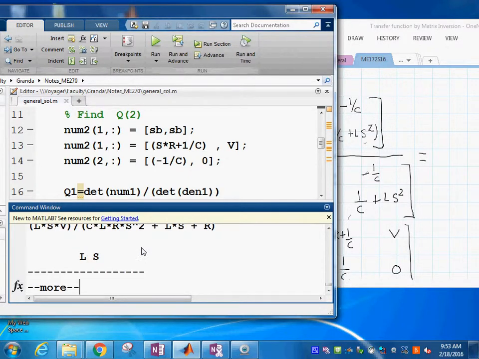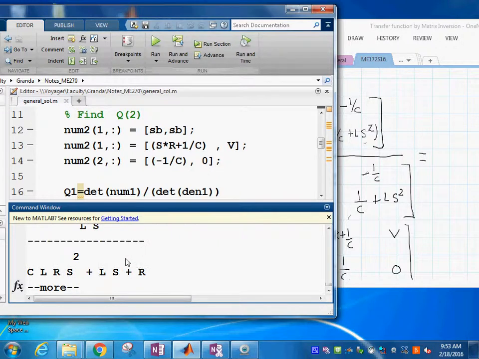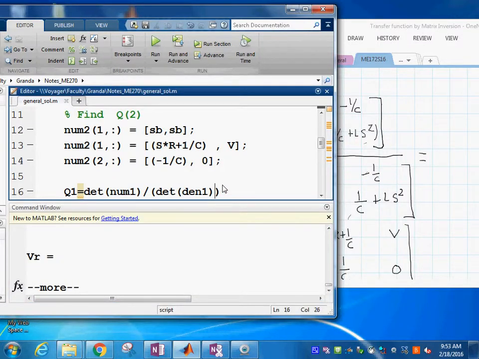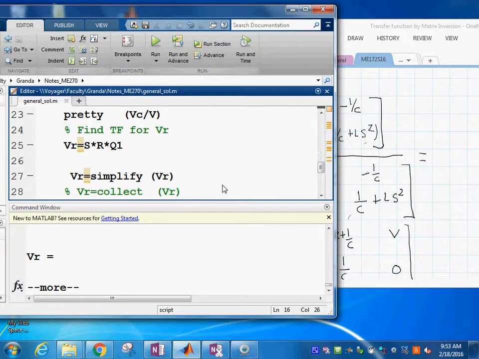So if I move it up, now that you understand the statements, I don't need to look at those more, but rather this. So this is the one transfer function I am looking for. This is the other transfer function that I am looking for.